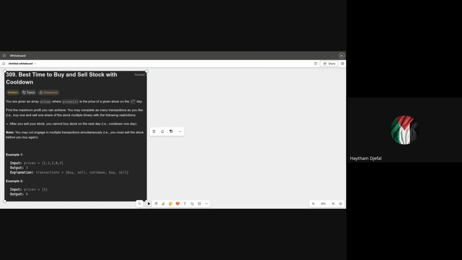Since the constraints allow for quadratic complexity, we can define dp of I and 0 or 1 as the maximum profit we can gain on day I, and the 1 corresponds to buying on that day, and the 0 corresponds to selling on that day.